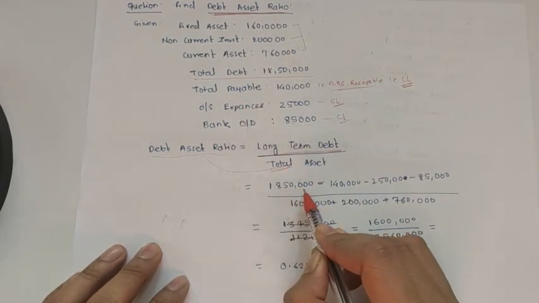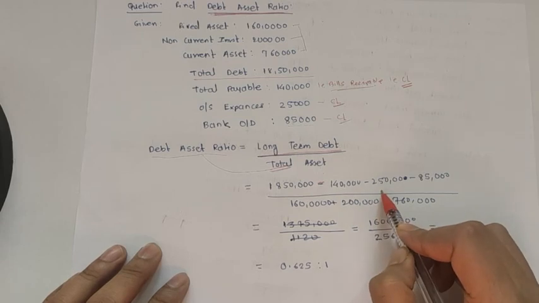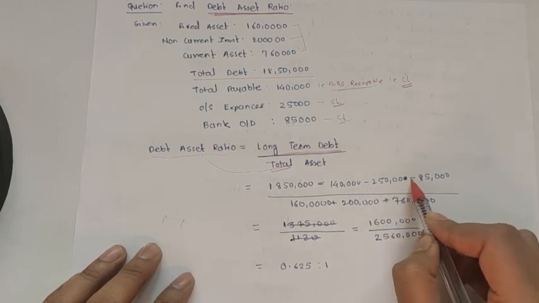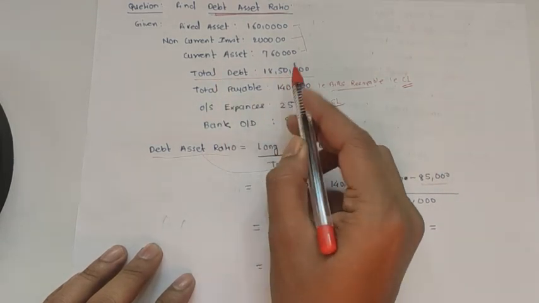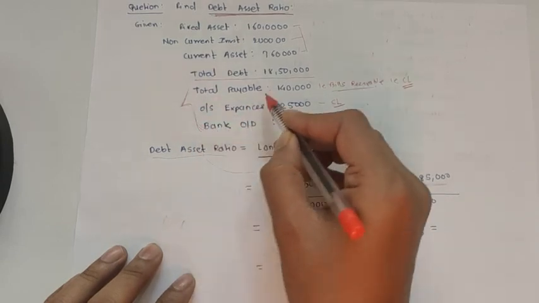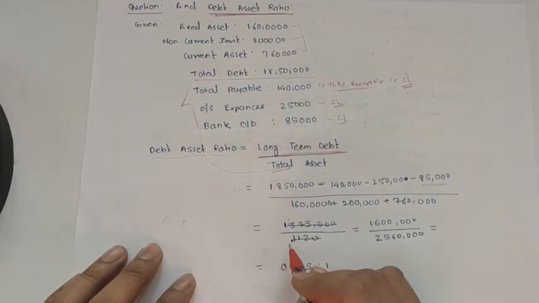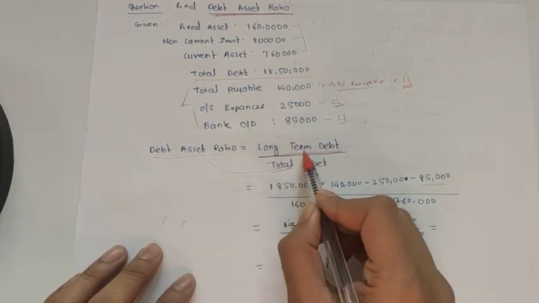So 18,50,000 minus 1,40,000 minus 25,000 minus 85,000. We have to subtract that much current liability from total debt, because we need only the long-term debt.